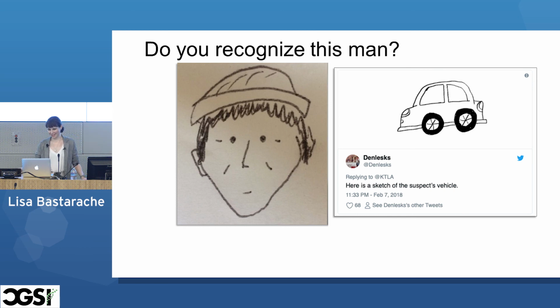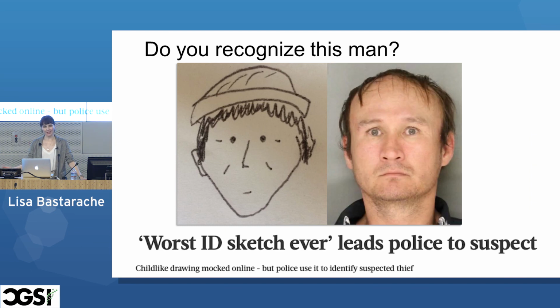Other people released sketches of the vehicle. But it turns out that a cop a district over looked at the picture and recognized him, and it turned out to be the right suspect. So this is another instance where sometimes something that's a bit ugly looking actually does the job. In my opinion, you should always judge your phenotype or your police sketch based on whether it actually gets you to where you want to go.